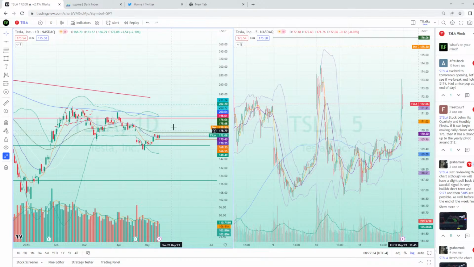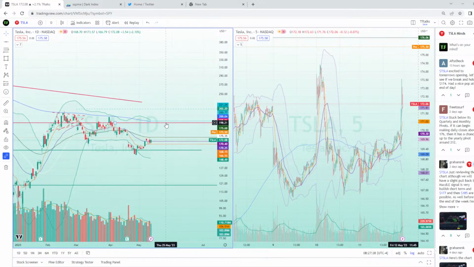You can just take the short-term profit, or you can watch the 200 level. If Tesla breaks the 200 level, it could easily go 220 to 250. It has pretty huge space to go.